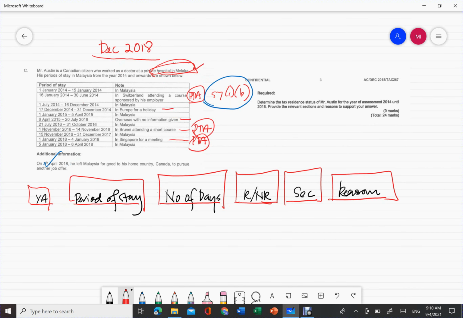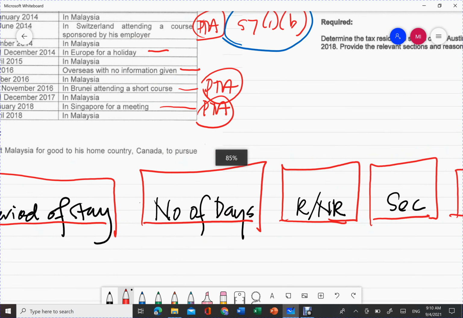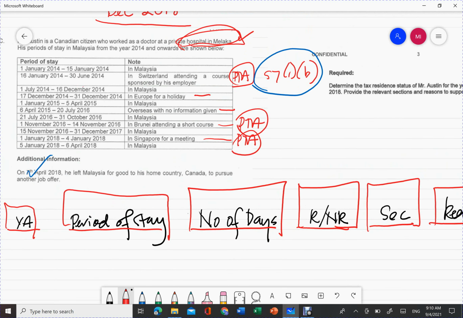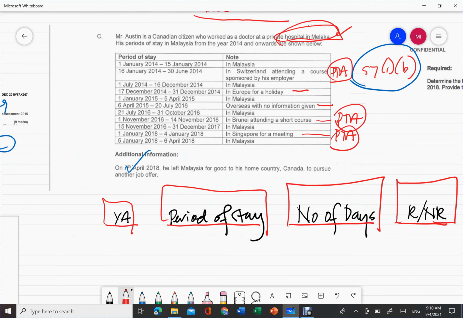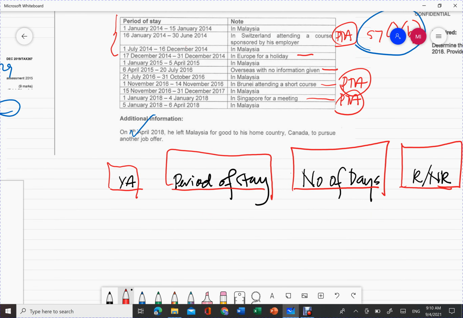Okay, so let's take a look at the first year here. Oops, sorry, it's too large. Okay, he started staying in Malaysia from this period, starting from 2014. So write here first YA 2014, and then we draw his period of stay.